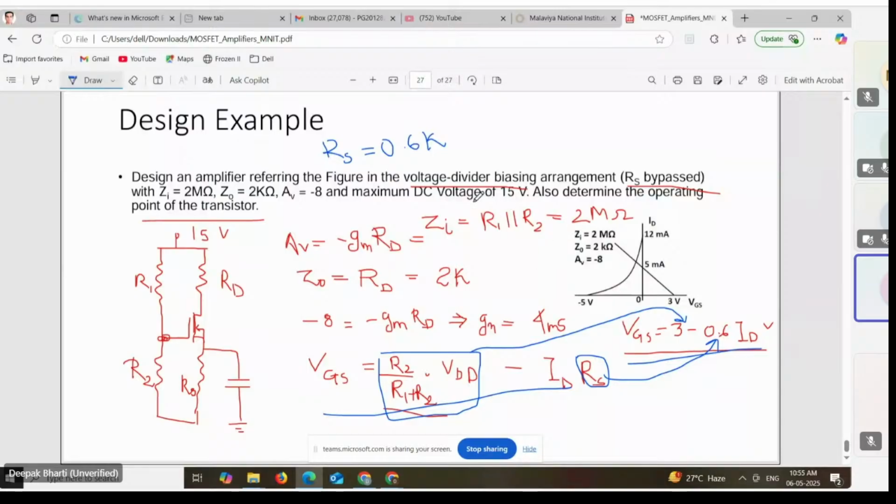We have also got two equations relating R1 and R2. One is this, that R1 parallel R2 is 2 mega ohm, and one is this, like R2 upon R1 plus R2 into VDD is 3 volt. So can we also solve this?